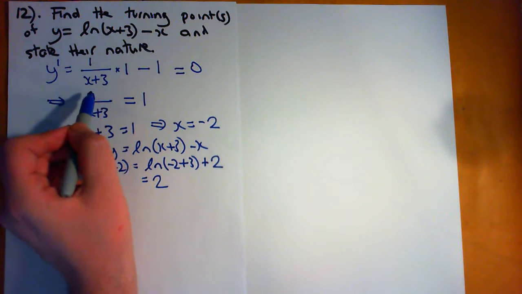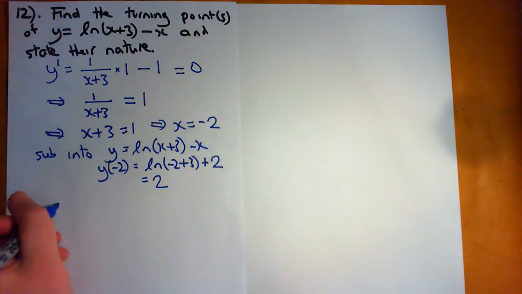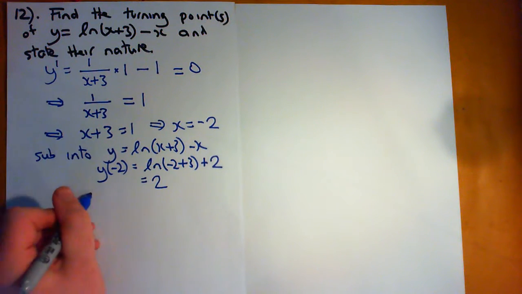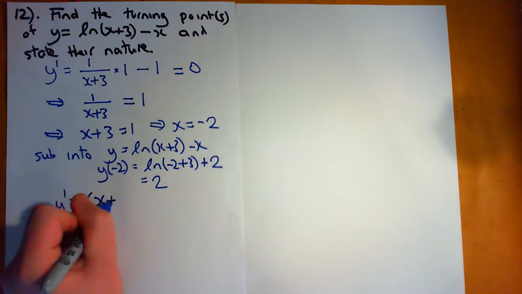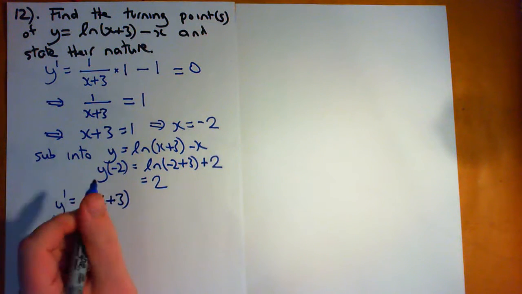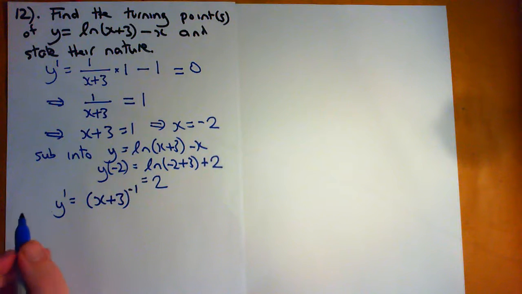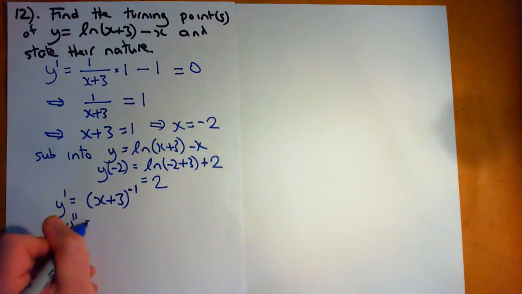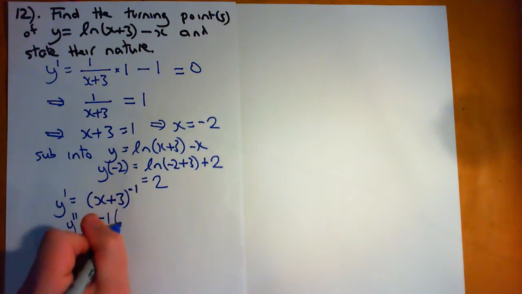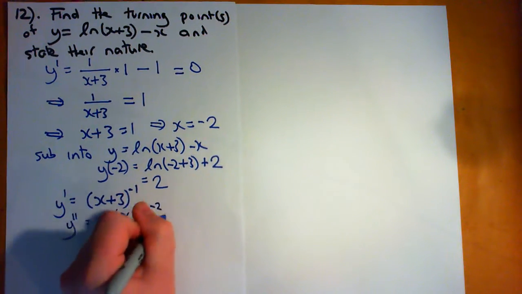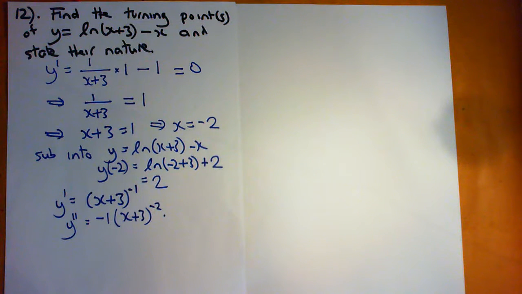So it's just going to be the derivative of 1 over (x plus 3), which we can write as (x plus 3) in a bracket, and it was on the denominator, so the power is negative 1. If we differentiate that, we're using the chain rule. That gives us negative 1 times (x plus 3) to the power of negative 2, multiplied by the derivative of the inside of the bracket, which is 1.